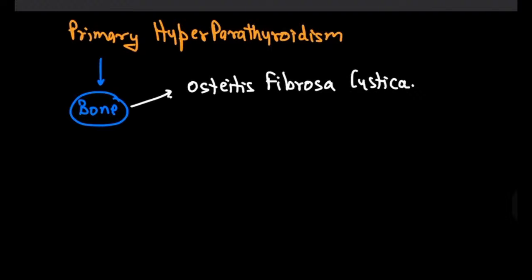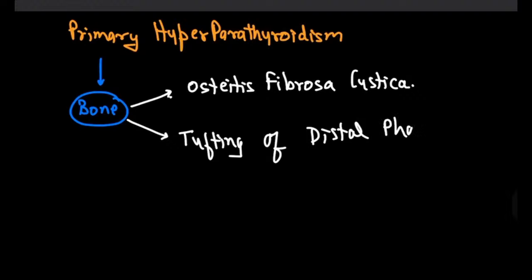Because of the demineralization of the bones, there is a tumor-like formation at the distal ends of the bones, which is referred to as osteitis fibrosa cystica. And this is again a very characteristic feature of primary hyperparathyroidism. Along with this, you can get tufting of the distal phalanx.